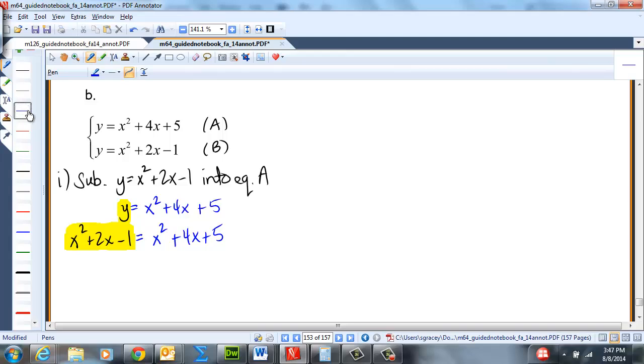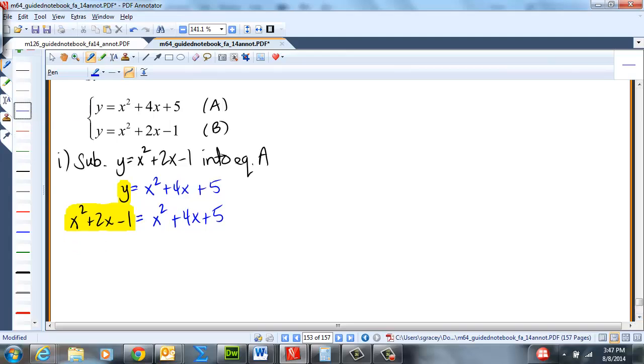And now let's go ahead and get 0 on one side. So subtract x squared, subtract 2x, and add 1 from both sides.